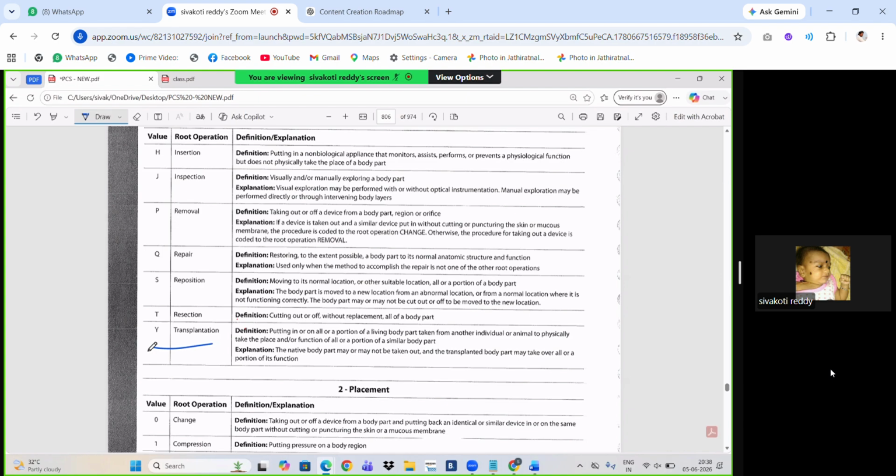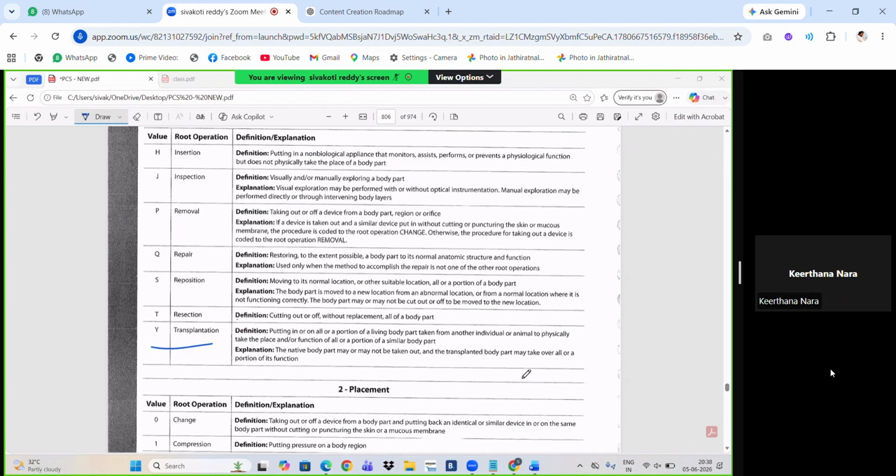If they transplant any organ, it comes under transplantation root operation, like lung transplant, kidney transplant, heart transplant. Organ transplantation procedures you will get under transplantation root operation. Clear?